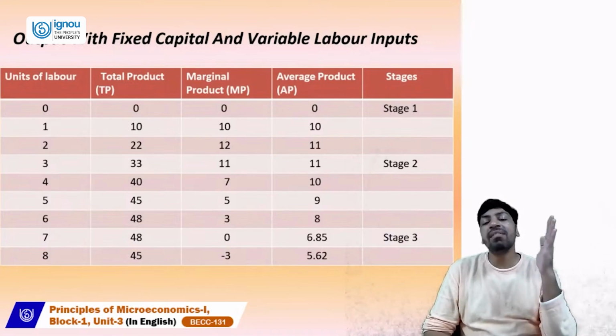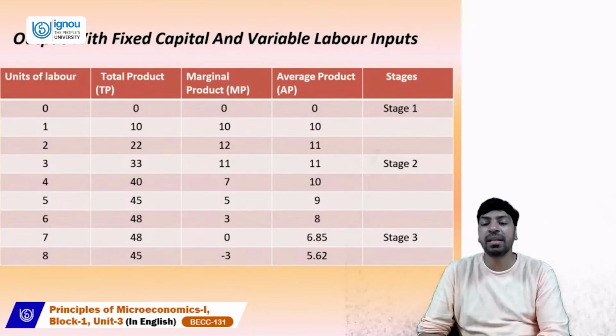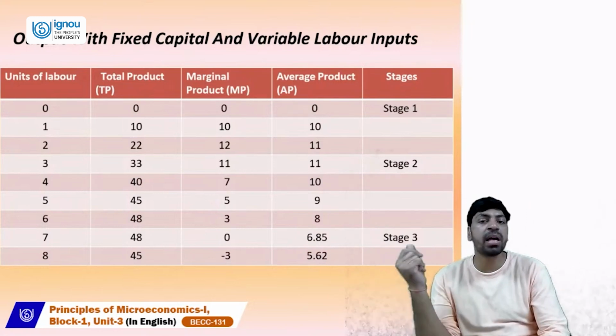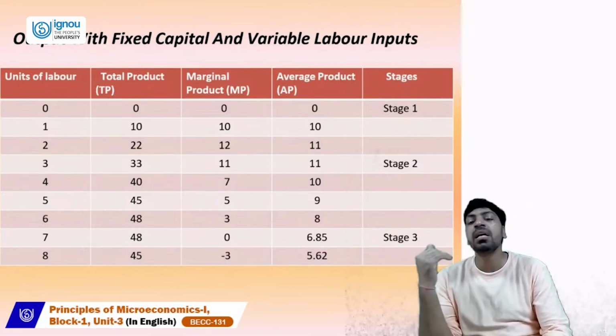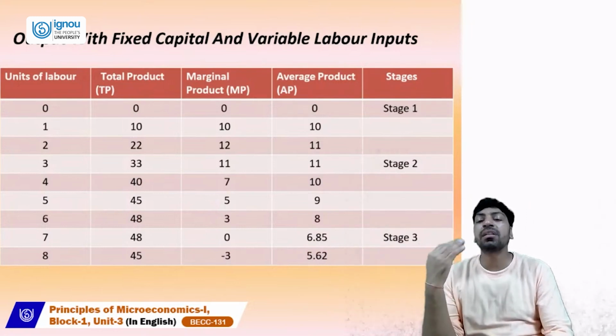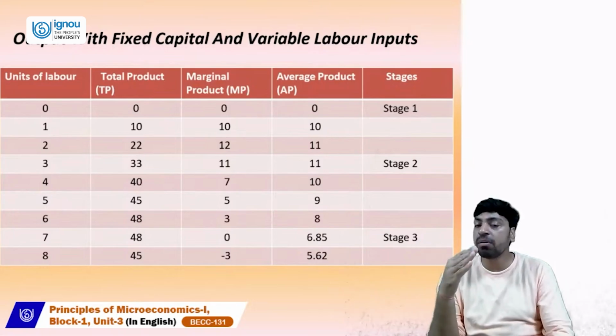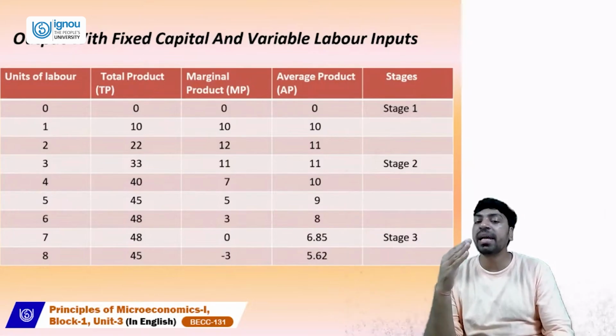Why? Because every curve is declining, whether it is the total product, the marginal product, or the average product. So when we talk about stage 3, it's declining. In the declining stage, that is stage 3, we have 10, 9, 8, 6.85, 5.62.